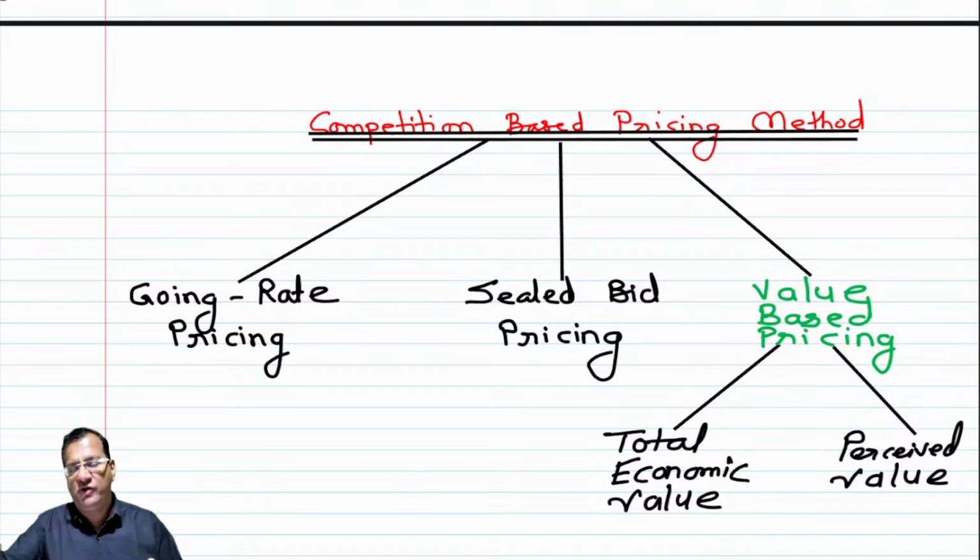The trade union of my company has gone on strike and I have accepted the demand to increase the wages by 15%. Now my cost has changed. Will my sale price also change if I am following the competition-based pricing method? Yes or no, beta?